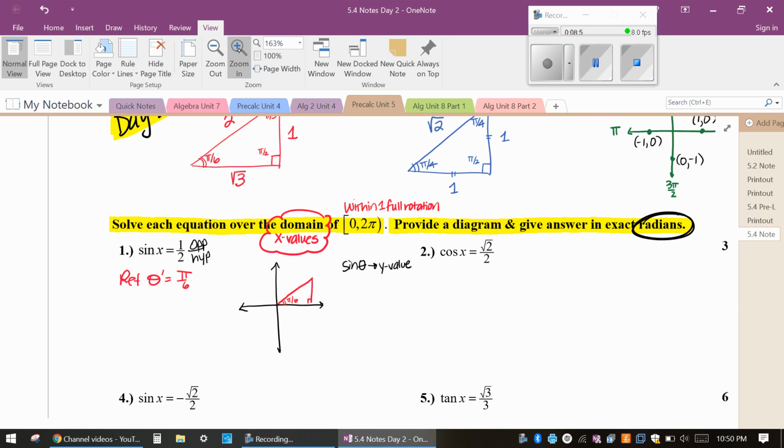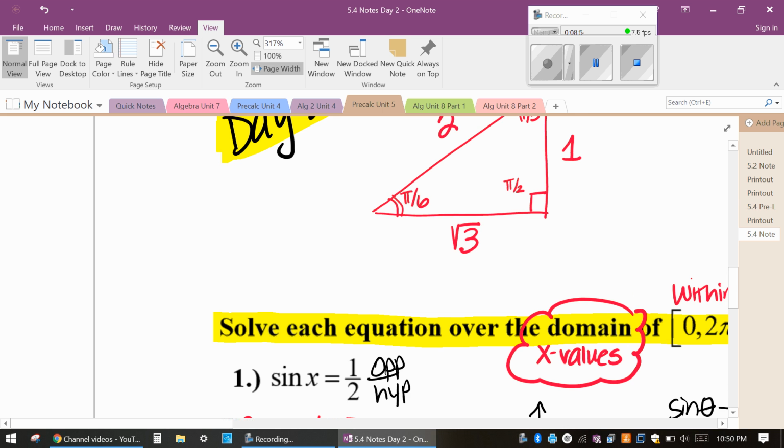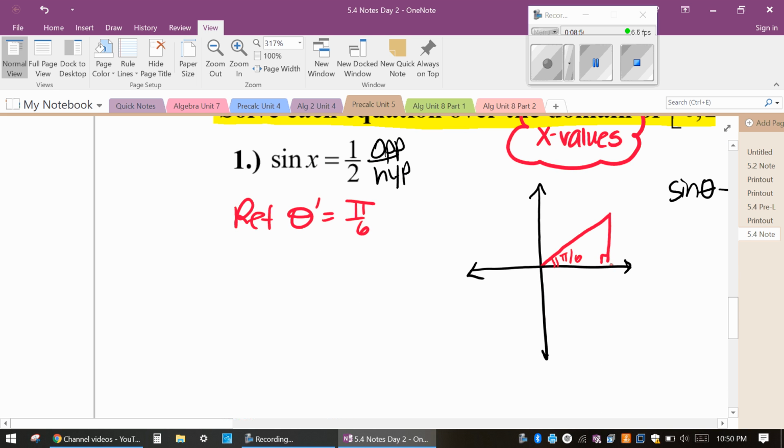Let me zoom in. And pi over 6 as a reference angle here. Okay, so which angles have a sine of opposite over hypotenuse?